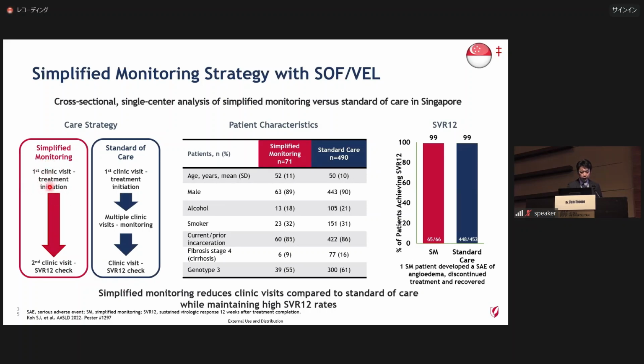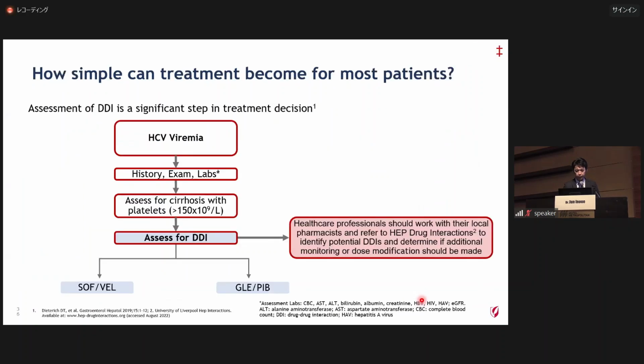At the first visit, treatment was initiated, and after the treatment, SVR12 was checked on the second clinic visit. As a result, SVR12 was 99%. It was the same as standard care. So such a simple strategy was proved to be very effective.